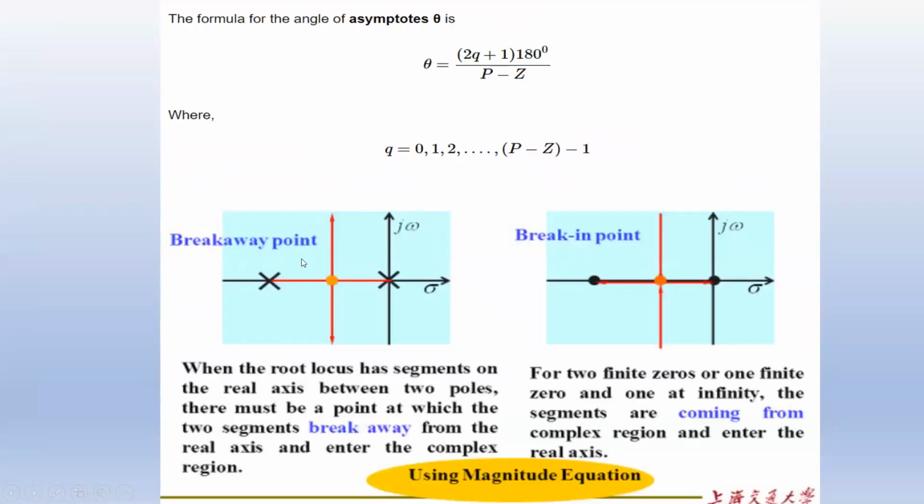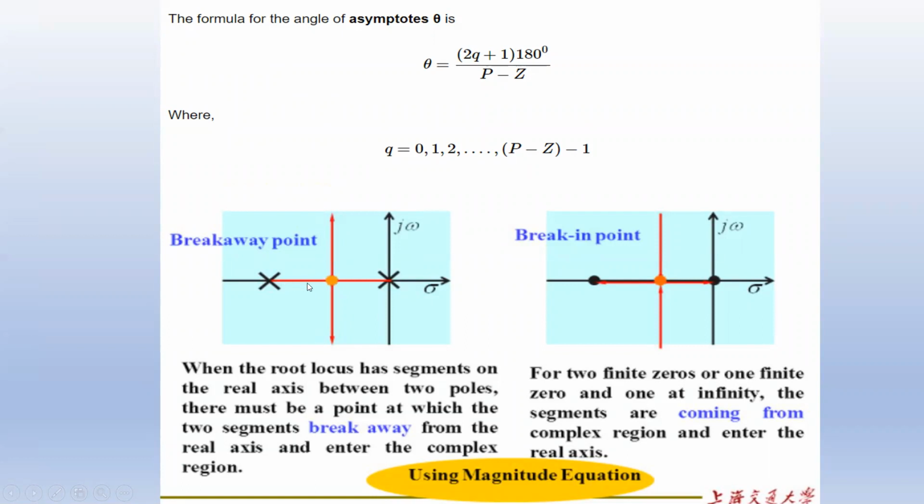And what is the breakaway point? So moving on to rule 6, we have the breakaway point, the point at which we have multiple roots or roots which are equal. That is what we call the breakaway point.